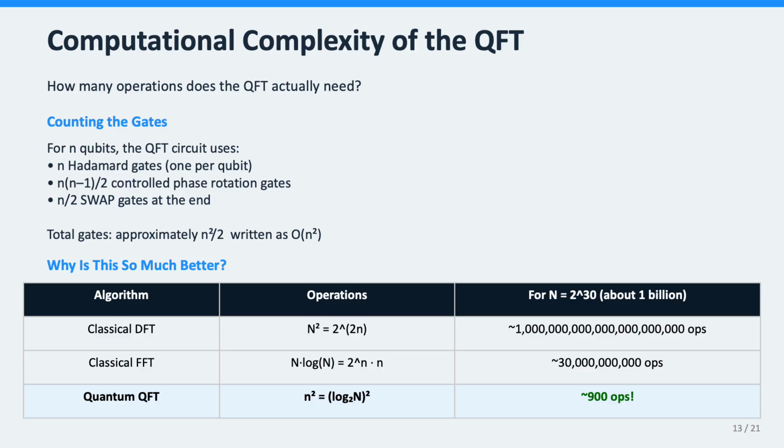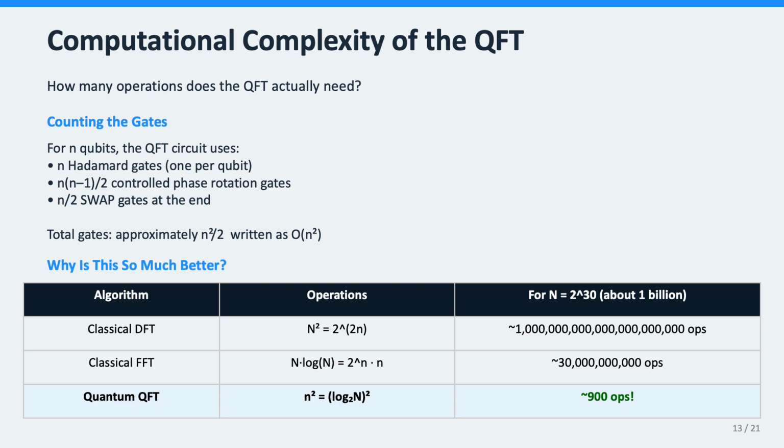The classical DFT on that same number of values would need a number of operations equal to the square of the number of values, which is 2 raised to twice the qubit count. The QFT only needs the square of the qubit count itself. That is an exponential difference, not just a constant factor improvement.